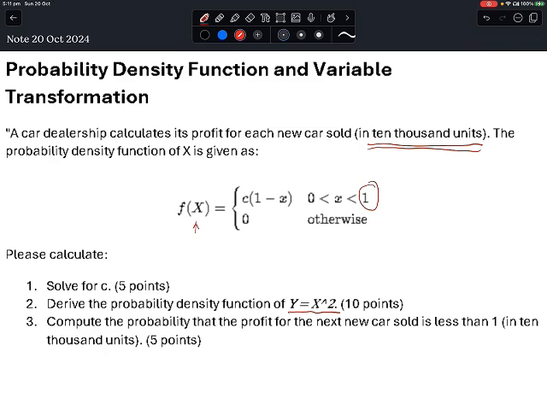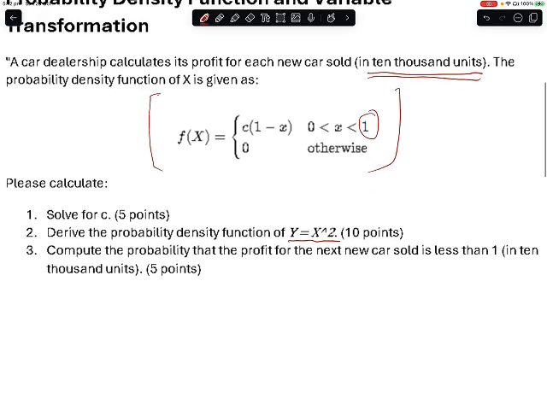The probability density function for x is given as follows: for x between 0 and 1, the function is c times (1 minus x). If x is outside this range, it will be 0.